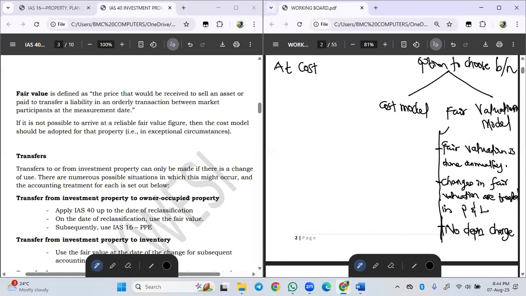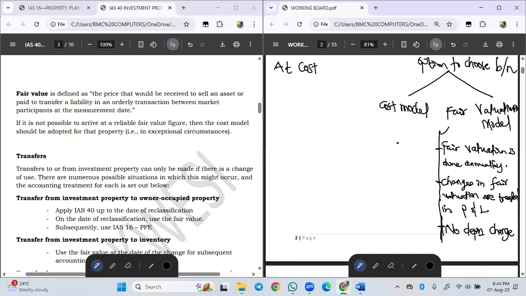So under IAS 16, that's revaluation. The revaluation is not done annually. That one is done periodically, in reference to the volatility of the fair value, or how frequently the fair value changes.